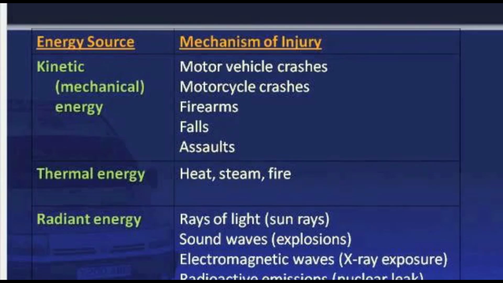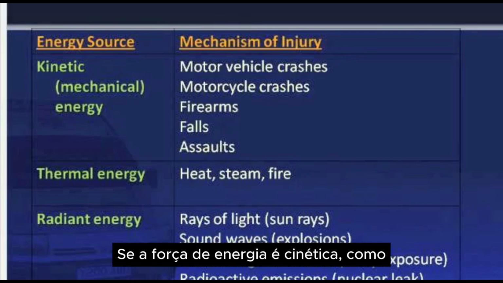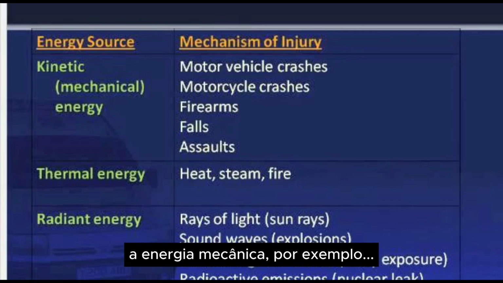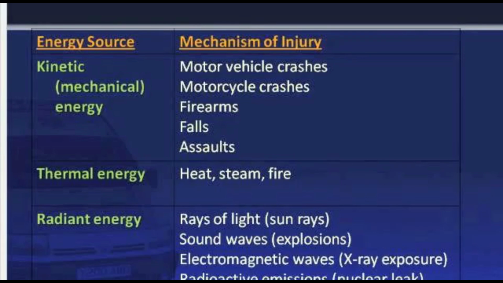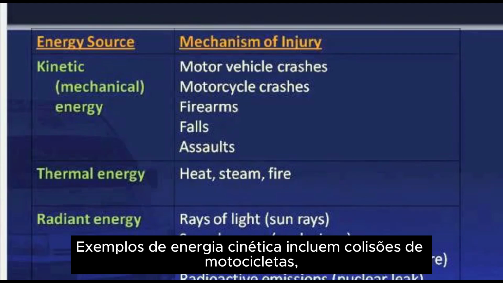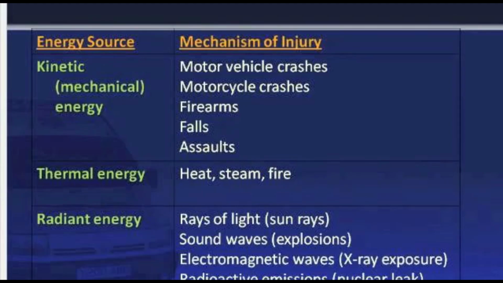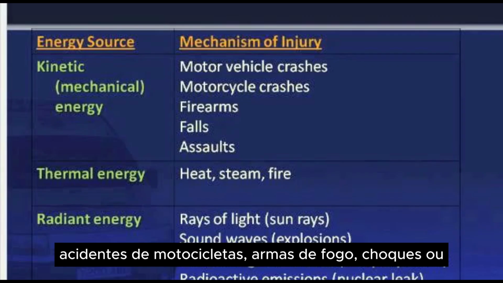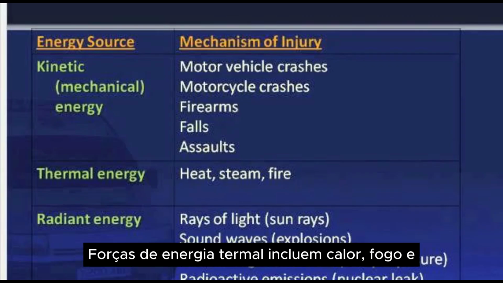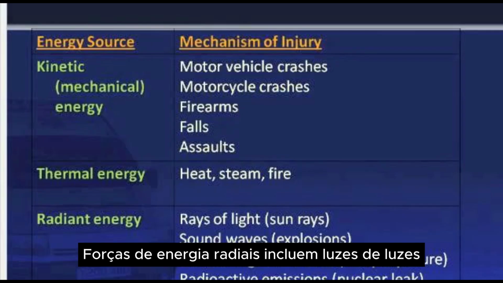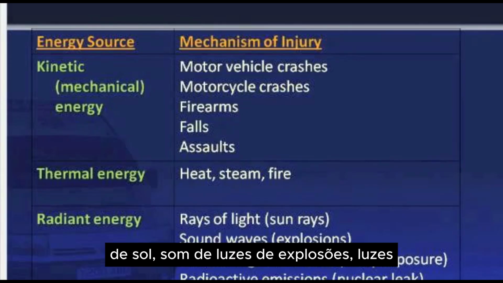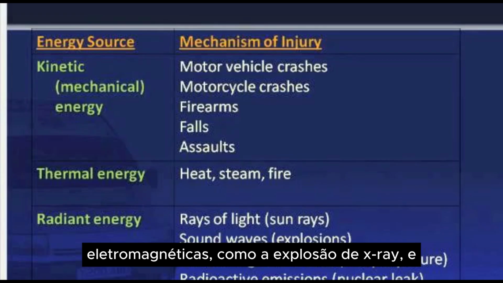If the energy source is kinetic, such as mechanical energy, examples include motor vehicle collisions, motorcycle crashes, firearms, falls, or assaults. Thermal energy sources include heat, steam, and fire, and radiant energy sources include rays of light from sun rays, sound waves from explosions, electromagnetic waves such as X-ray exposure, and radioactive emissions such as nuclear leaks.